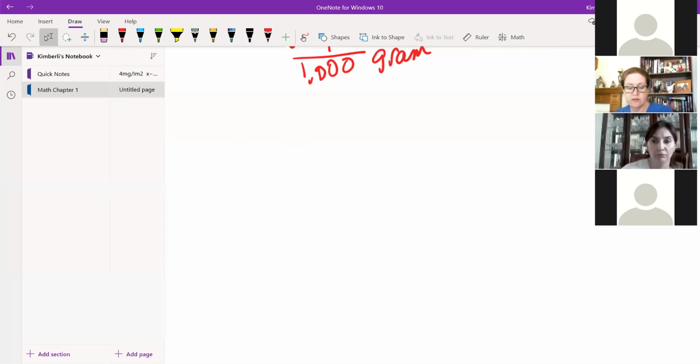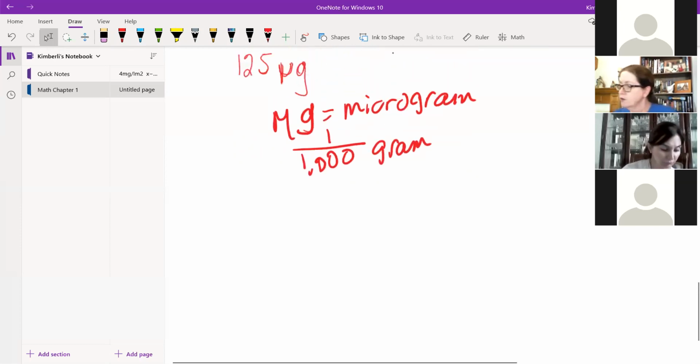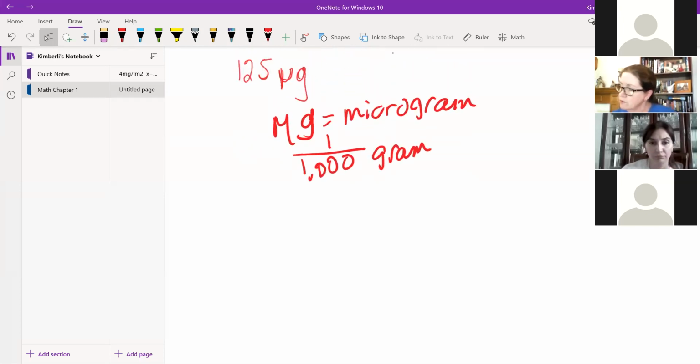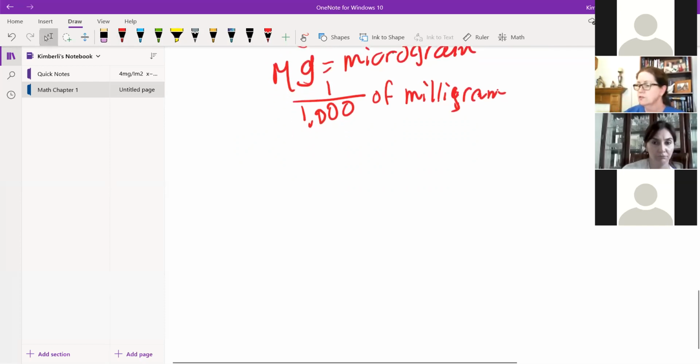They only have the prefix micro, which is 1/1000th of the milligram, which is the microgram. Oh, see, I did this wrong. A microgram is not 1/1000th of a gram, it's 1/1000th of a milligram.